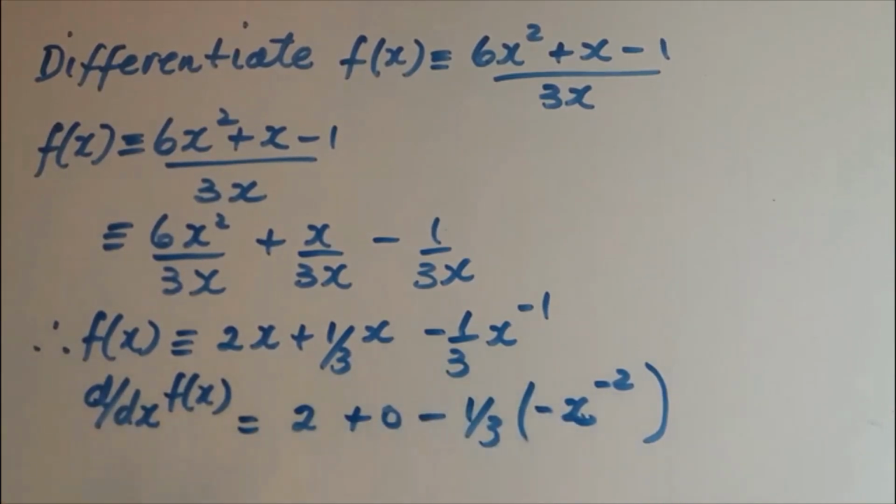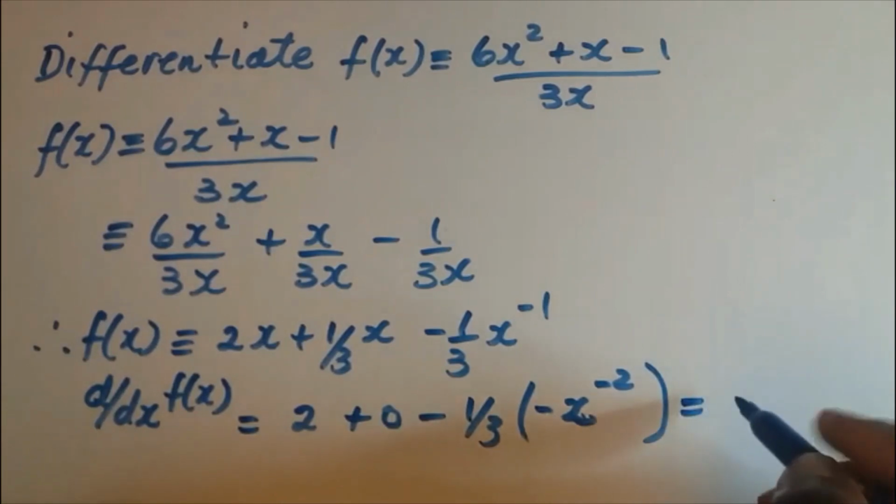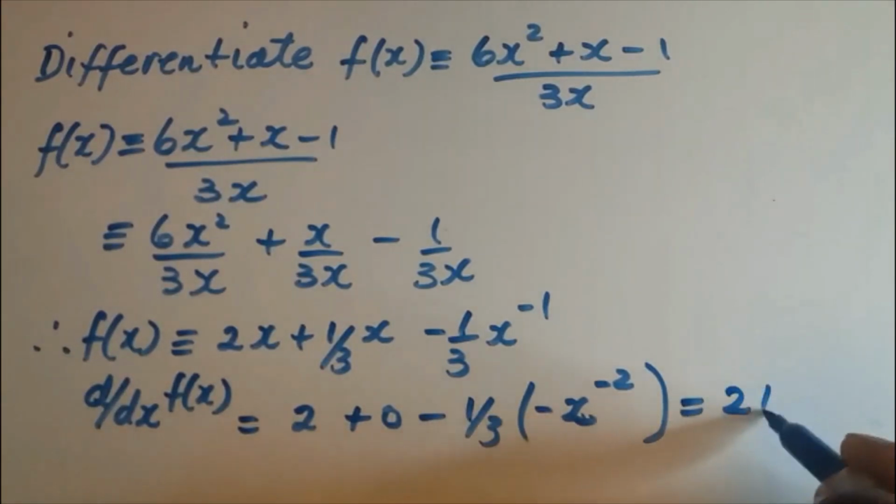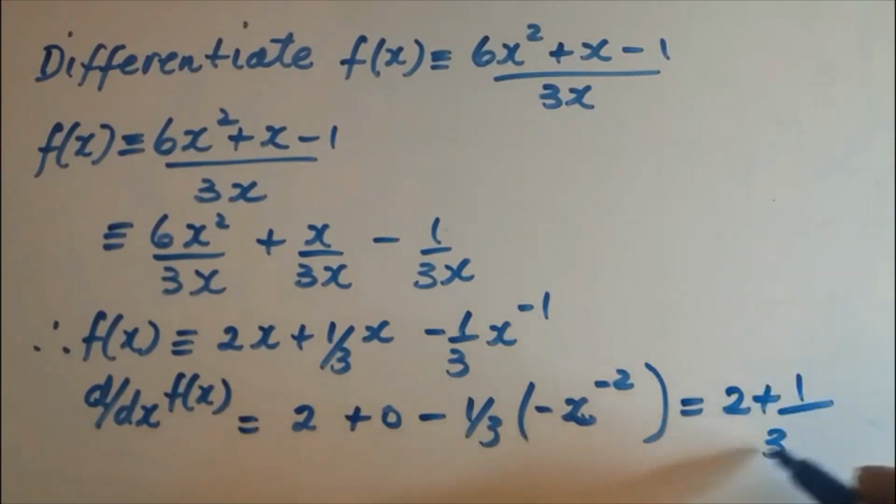Let's rewrite that so it's visible: 2 add 1 over 3x squared.